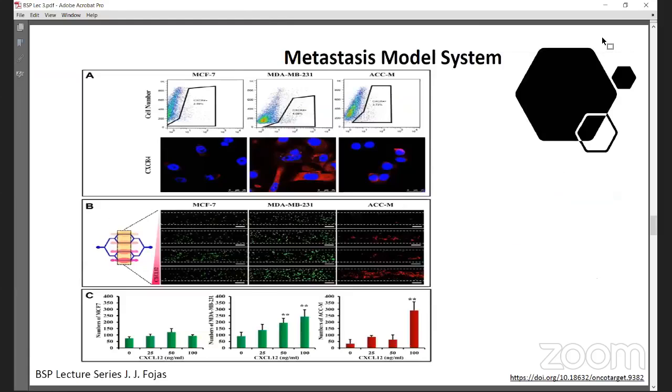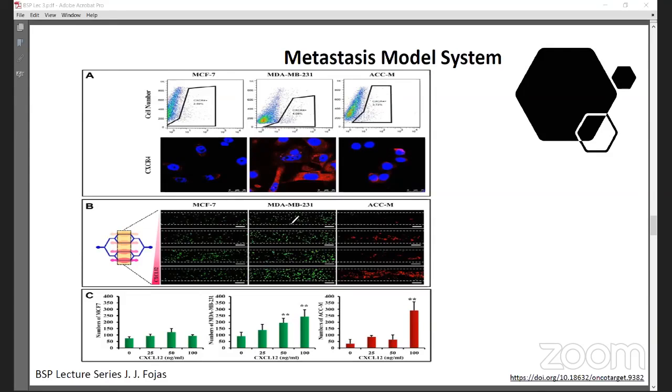So here, in the next slide, yes, thank you. Here you have the chemokine CXCL12. Some of you might know that the chemokine CXCL12 is involved in metastasis via binding to CXCR4. I'm not an oncologist, so it's not really my expertise, but this is expressed on cell membranes in a wide variety of tumors.